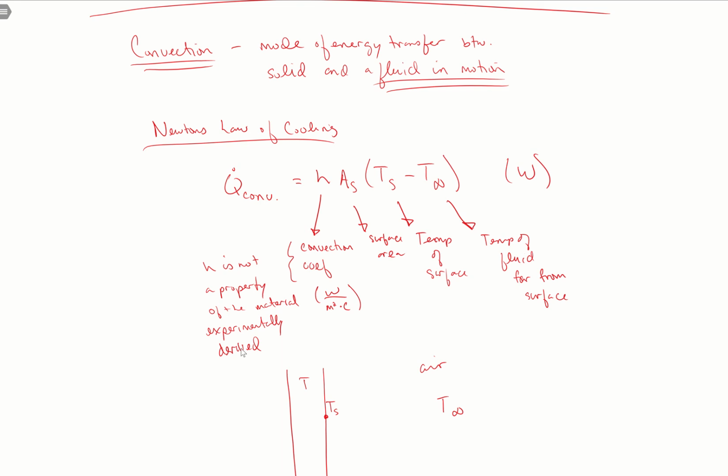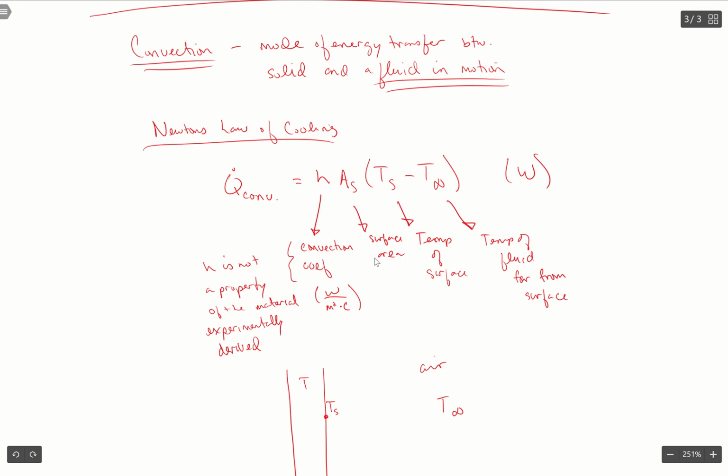And we model convection using Newton's law of cooling. That's denoted as Q dot convection. So again, Q dot convection is the rate of heat transfer via convection. And Newton's law of cooling says that it's equal to h, which is the convection coefficient, times A, which is the surface area.